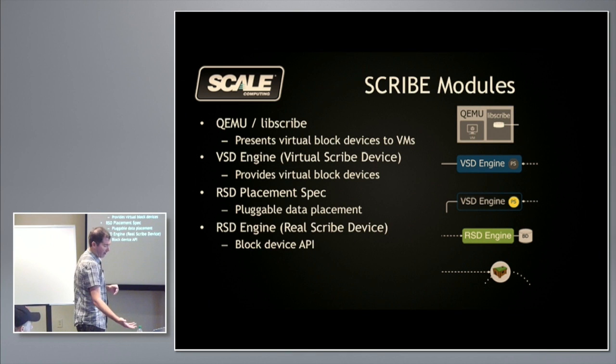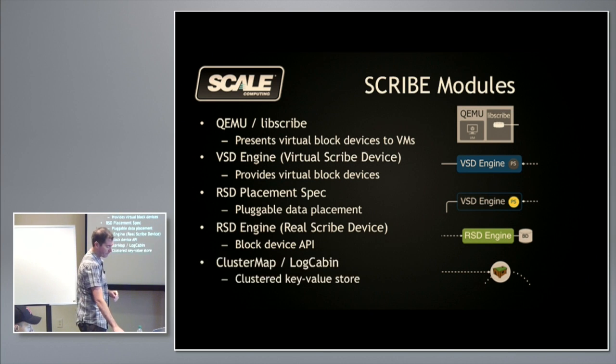And then the RSD engine, which is responsible for allocating and maintaining reference counts of blocks on real devices. And again, I'll get into this in a little bit of detail in a minute.